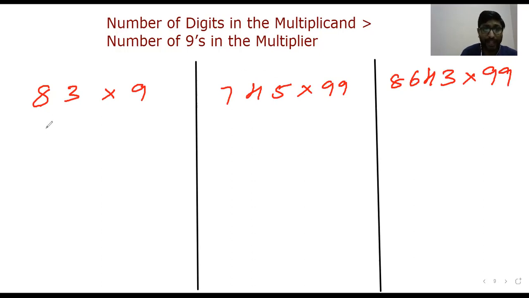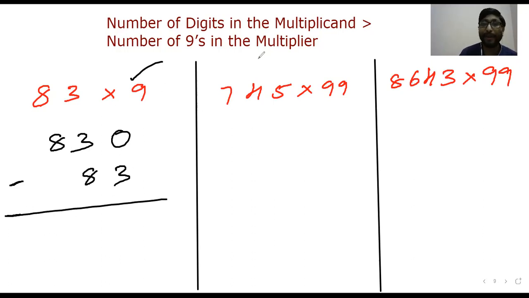See 83, write the multiplicand 83 as it is, and write down zeros equal to the number of nines. See how many zeros are here? How many zeros are here? 1. 830 minus 83.